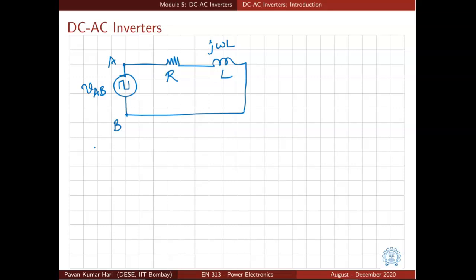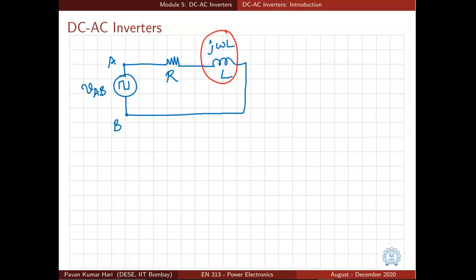It is because most of the loads in AC circuits are inductive, and when the loads are inductive, what will happen? The inductance will offer certain impedance, and that impedance is frequency dependent. So this impedance offered by L depends upon frequency.